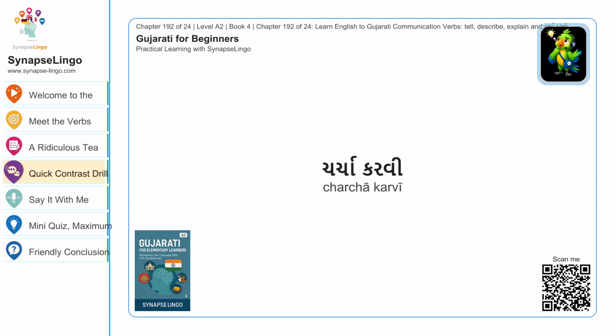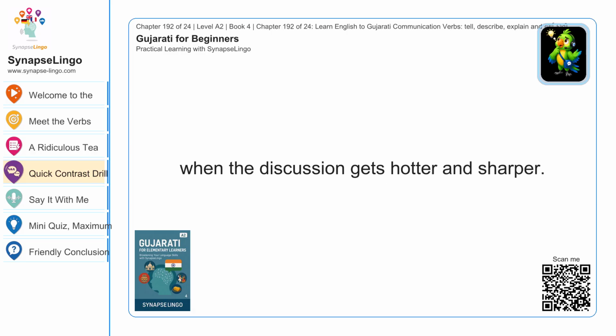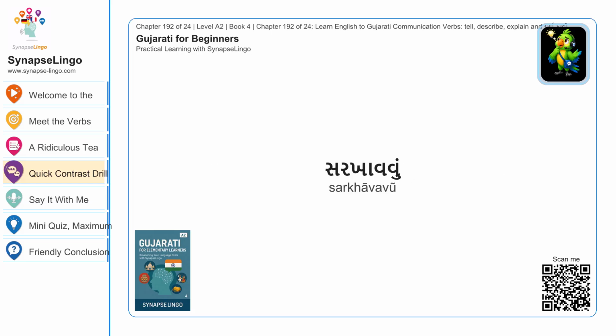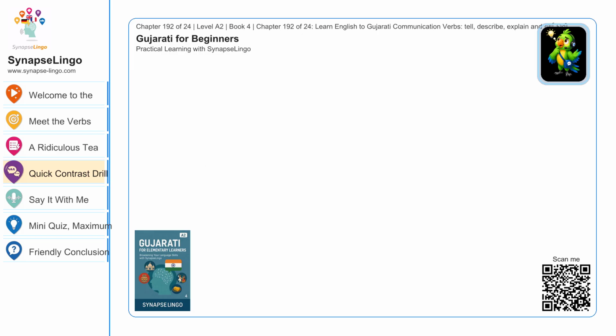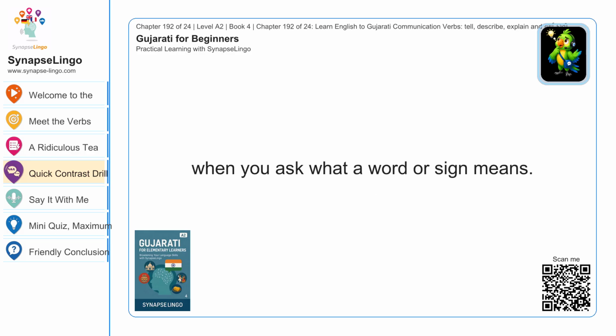Use ચર્ચા કરવી for a discussion. Use દલીલ કરવી when the discussion gets hotter and sharper. Use સરખાવવું when you look at two or more things side by side. Use અર્થ હોવો when you ask what a word or sign means.